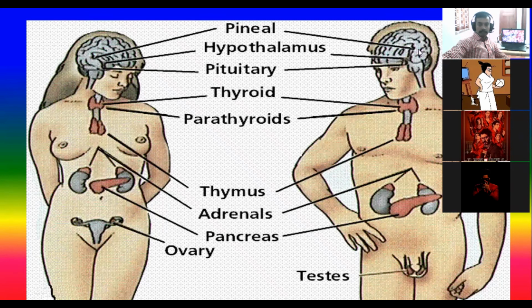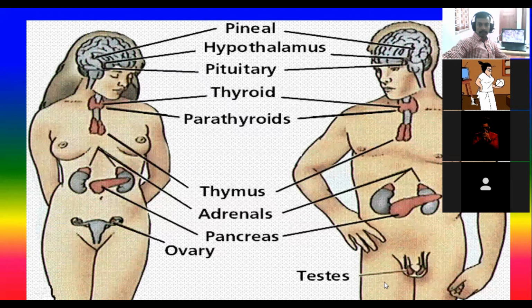So this is the pineal gland, on the posterior side at the base of the skull. Pineal gland, hypothalamus, pituitary, thyroid. Can you see that? Thyroid in the neck. Then thymus, thyroid, parathyroid. This is thymus. Adrenal. Then pancreas, ovaries for females, then testis for males.